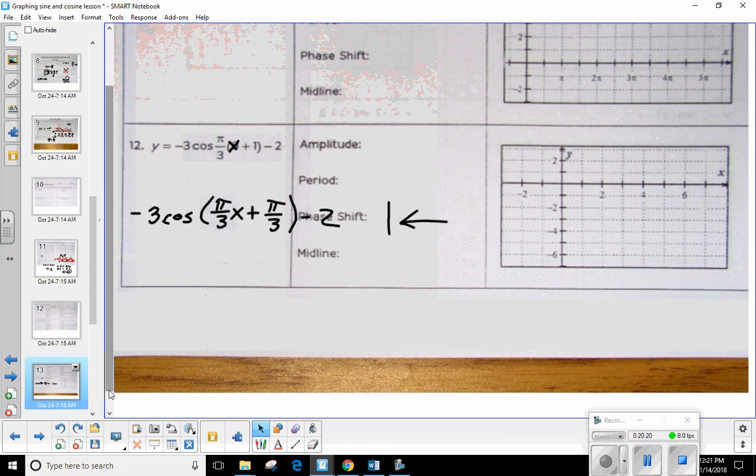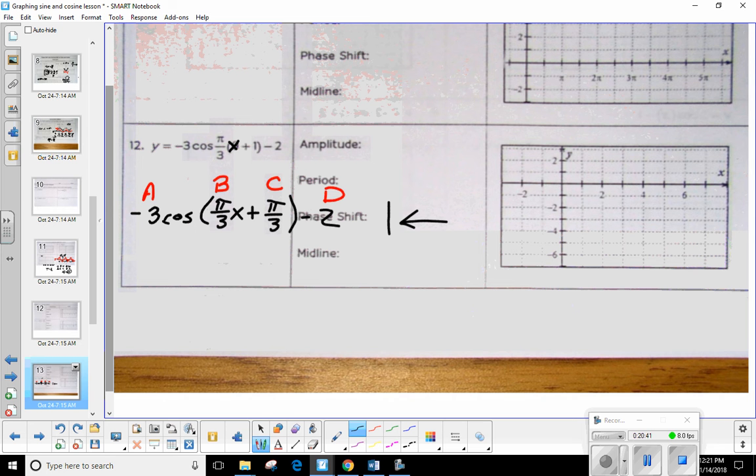Especially if you're wanting to go ahead and list A, B, C, and D, okay, you'd want to make sure that B is multiplied through. Because if I pull out the pi over 3 like the problem is given to me, C is not 1. Okay, C is actually pi over 3. You just have to make sure it's multiplied through.